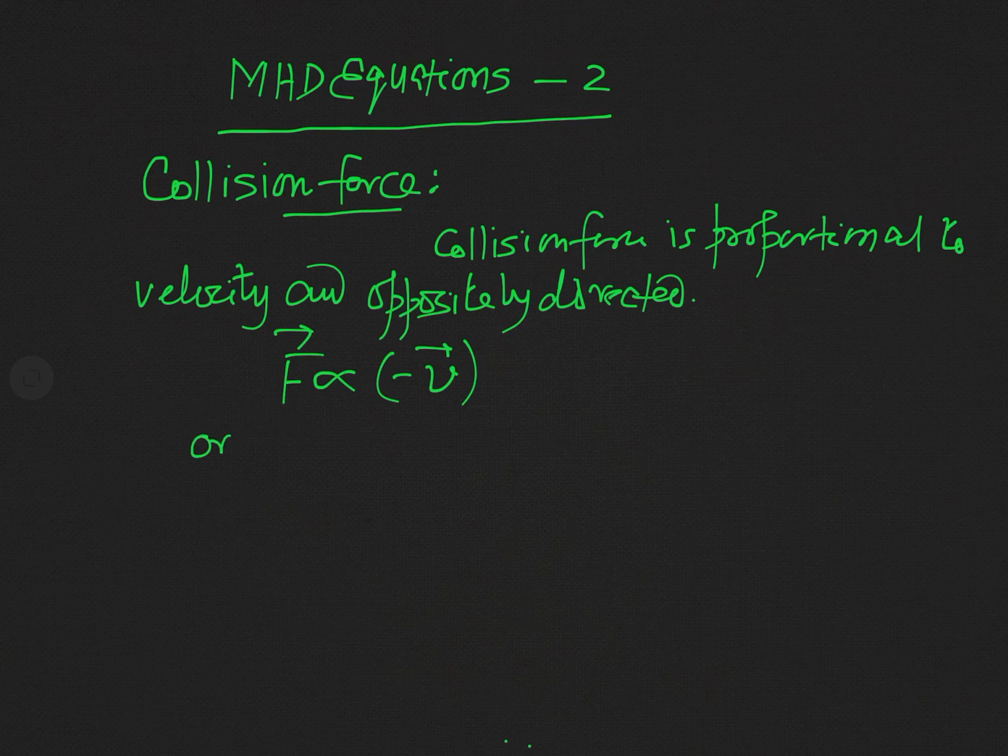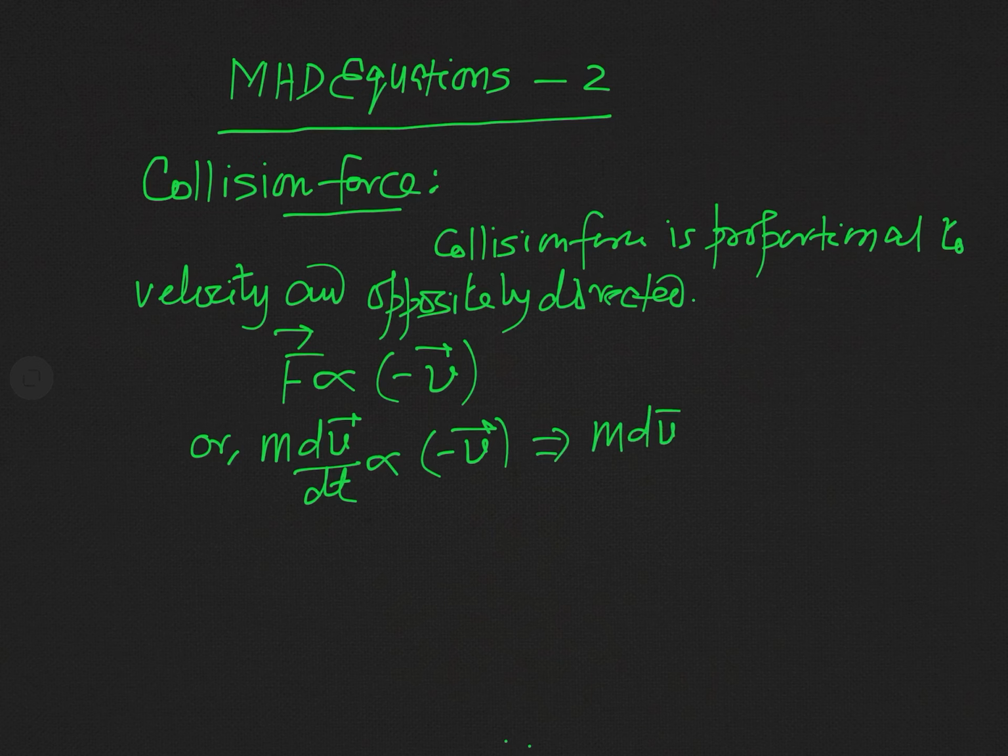And instead of F, we should write m dv by dt. So this m dv by dt is proportional to minus v. When we replace this sign of proportionality, there should be a constant, and let us say that constant is Kc.